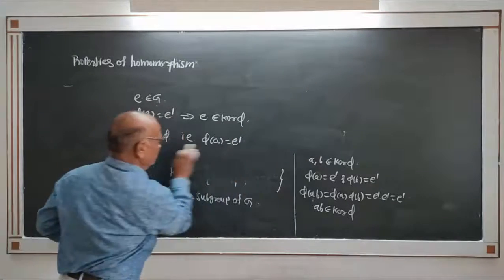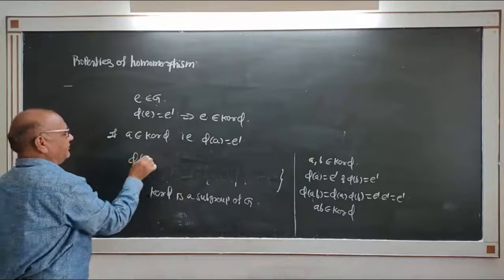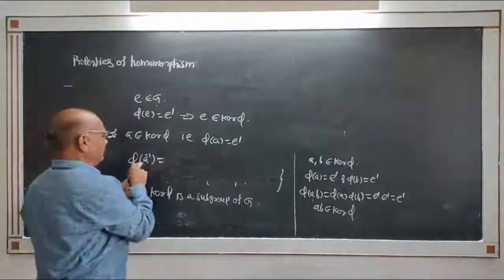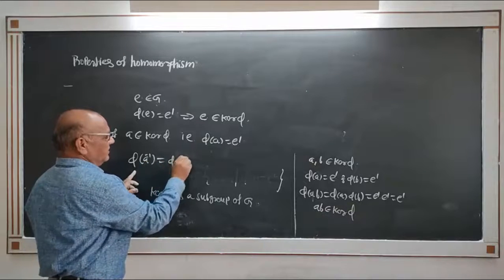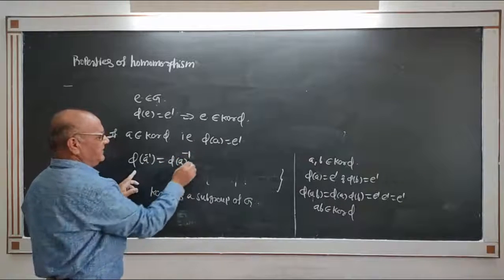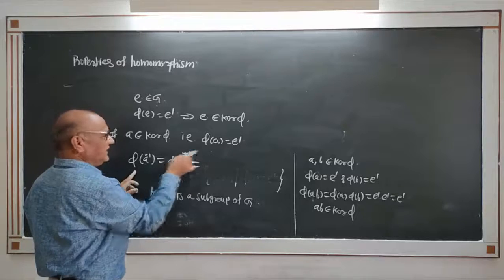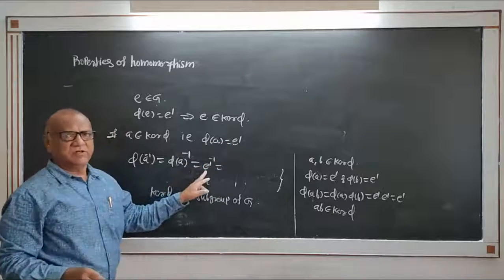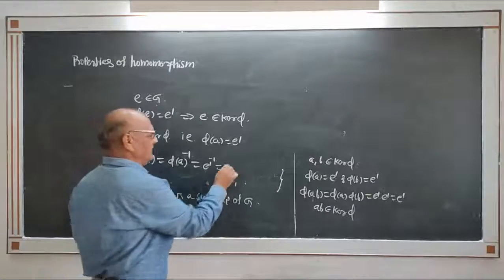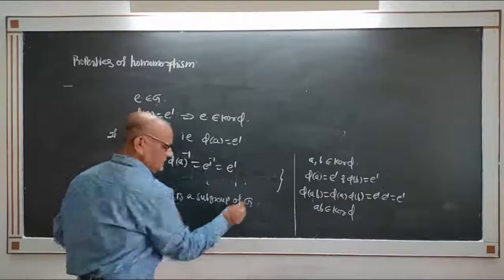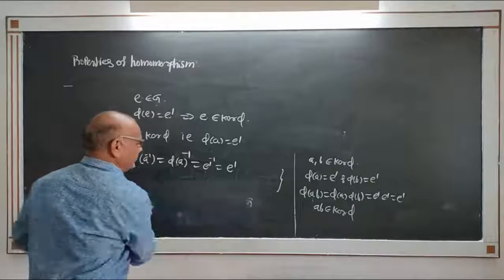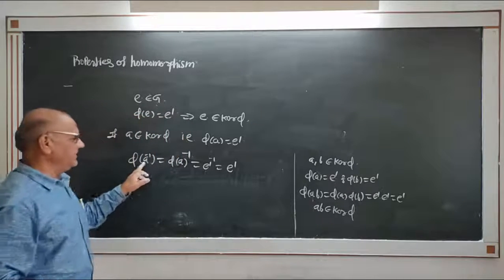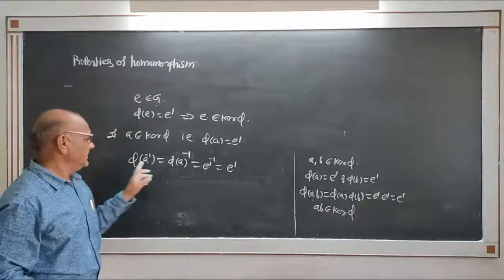Now phi of a inverse, by the above property, is equal to phi of a inverse, and phi of a is e', so the inverse of e'. The inverse of the identity is again the identity, e'. This gives phi of a inverse is equal to e'.